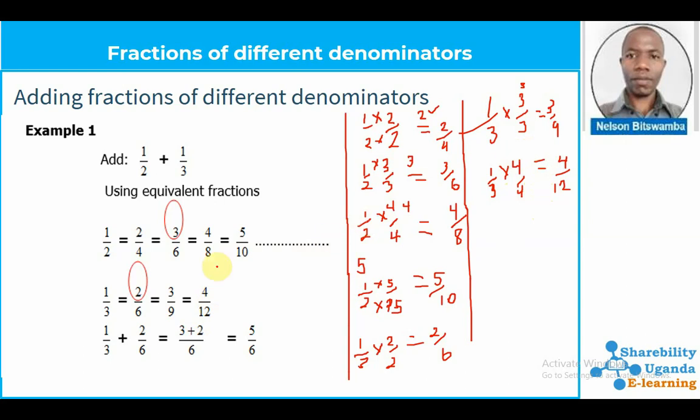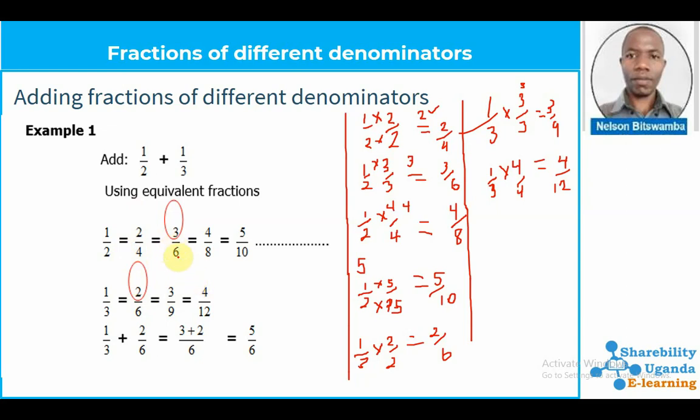Now after getting these equivalent fractions, we shall see which equivalent fractions are common, depending on their numerators and denominators. Do we have a 2 out of 4 here? No. We shall consider only the denominators that are common.